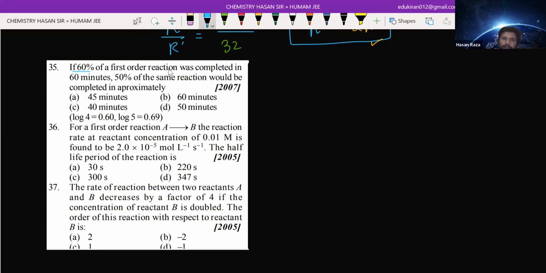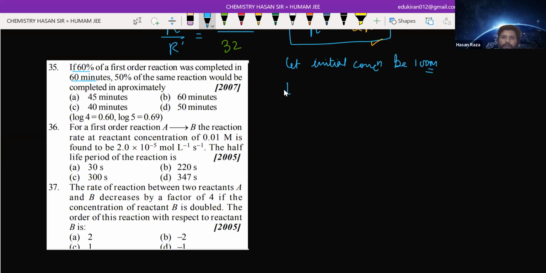If 60% of a first order reaction was complete in 60 minutes, that means time is given, then in how much time would 50% of the same reaction be complete? So how are you going to do it? Let the initial concentration be 100 molarity.